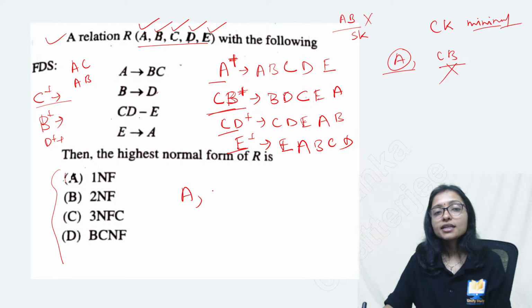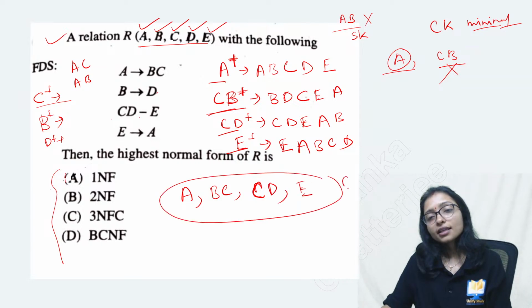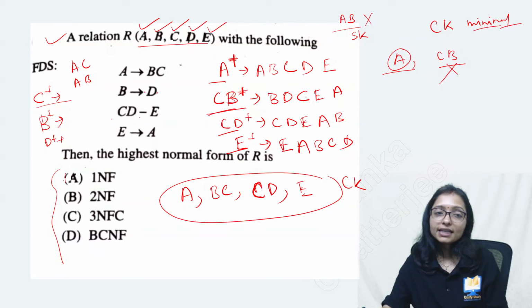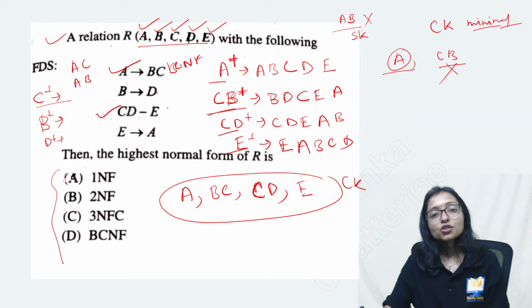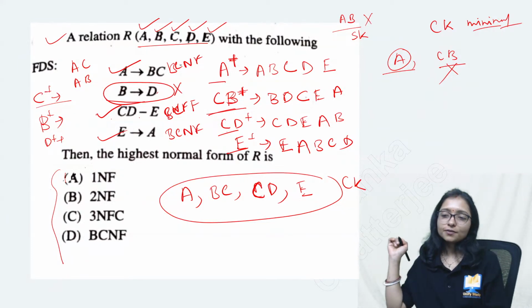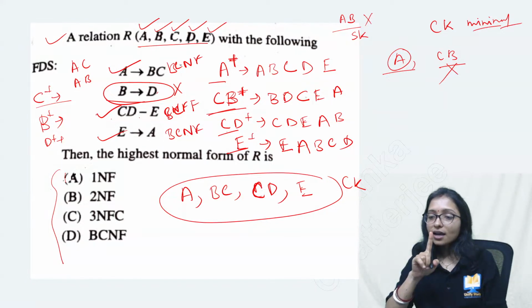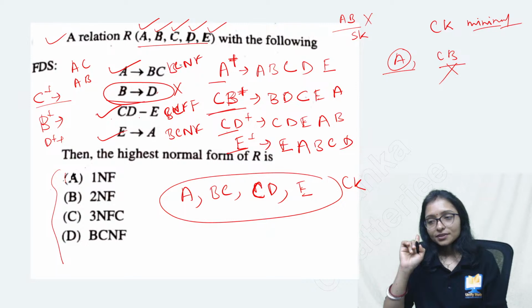A is a candidate key. BC candidate key. CD candidate key. E candidate key. These all are the candidate keys here. So ultimately this is in BCNF. This is also in BCNF. This is also in BCNF. Only the problem is here. This is not in BCNF, because all the others have a candidate key on the left hand side.